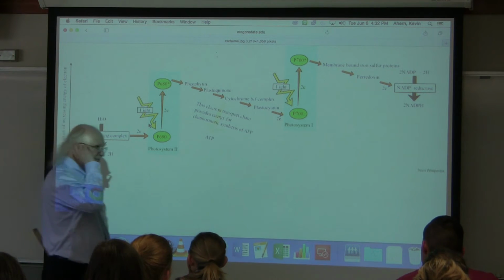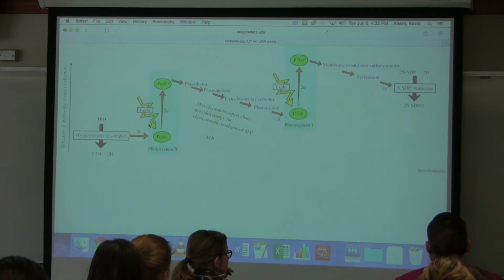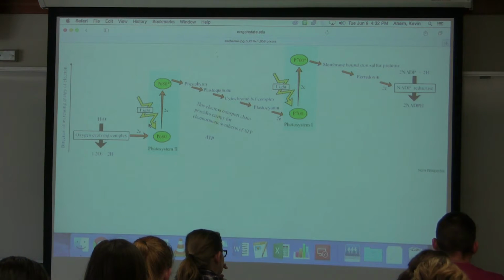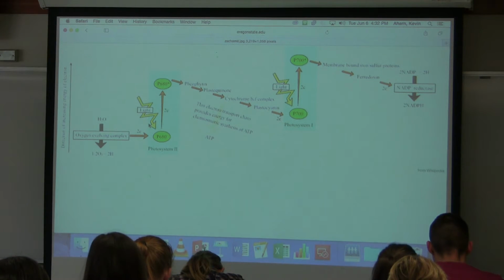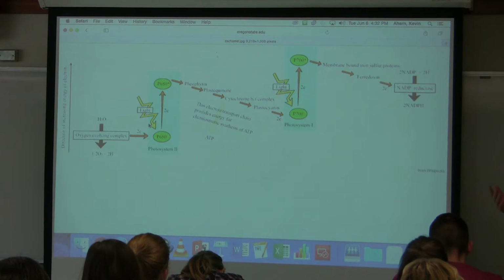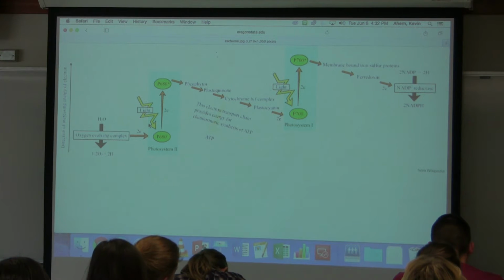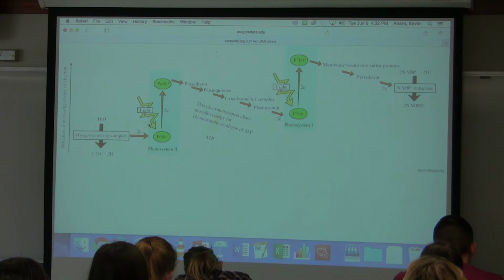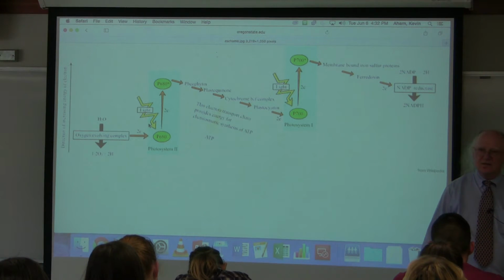Okay, well, now let's think about this. This really turns oxidative phosphorylation on its head. It turns it upside down. Let's think about it. In oxidative phosphorylation, what was the electron source? NADH or FADH2, right? In this process, what's the electron source? Water, right? In oxidative phosphorylation, what's the ultimate recipient of the electrons?